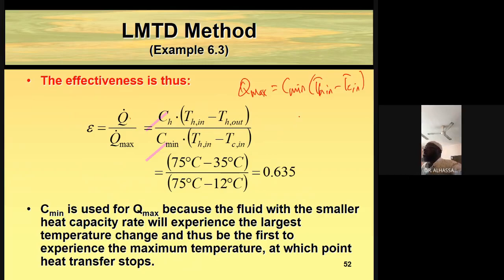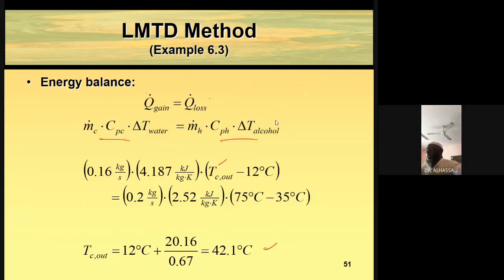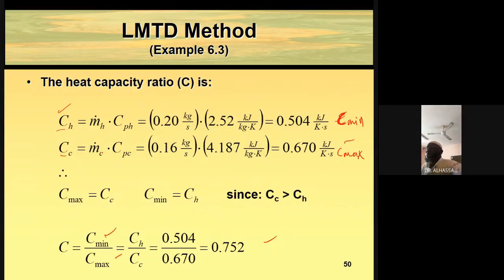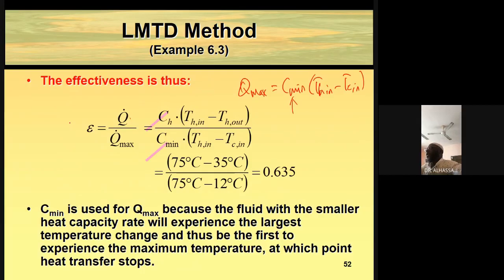In other words, it is the C minimum. What is C minimum? The C minimum is the minimum value of these heat capacities, which we have already calculated. So here the C minimum is the heat capacity of the hot fluid. You understand? And then you have to look at which one has the highest temperature in the system.